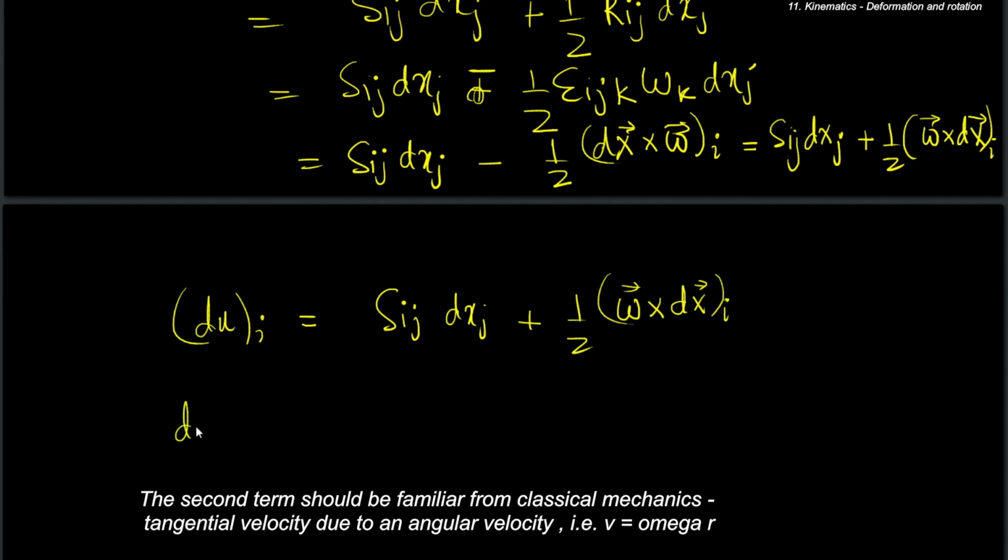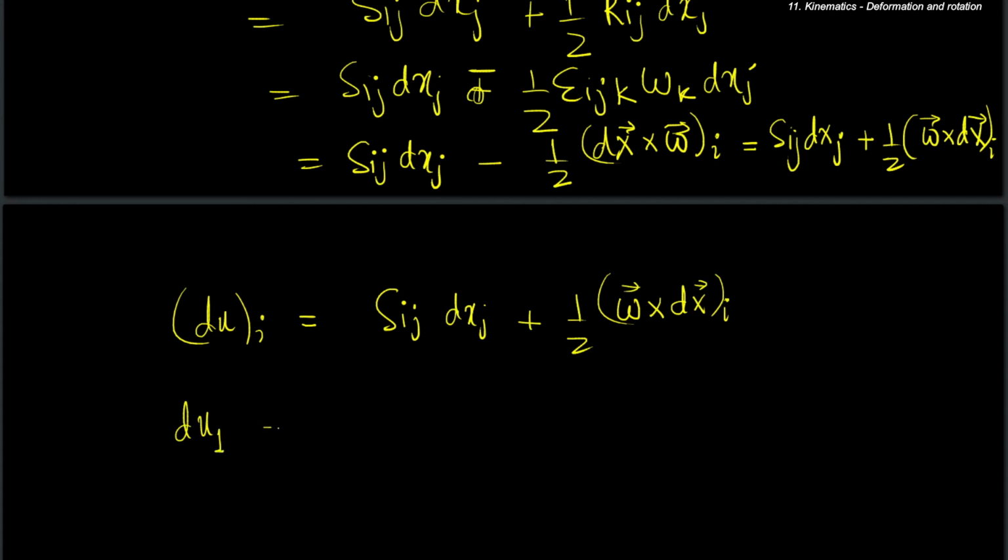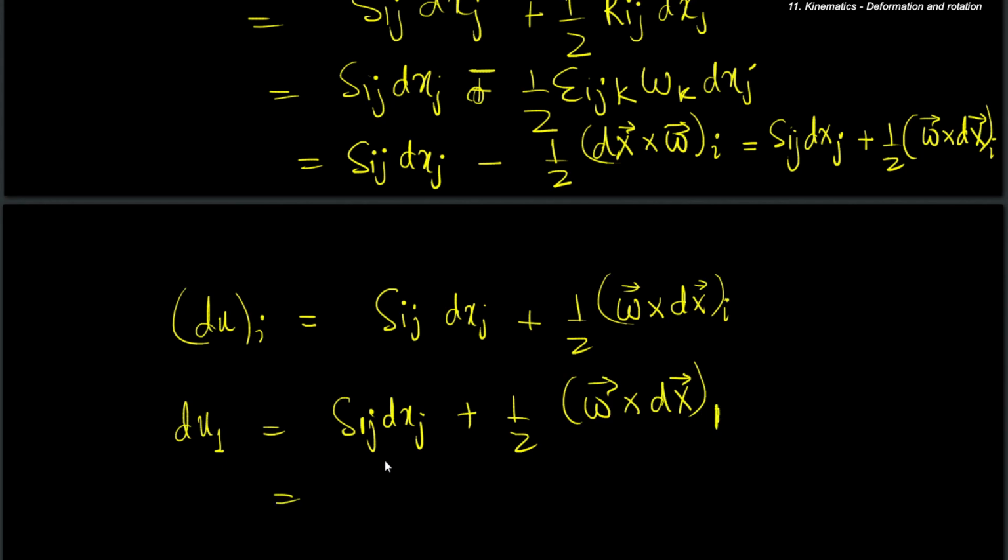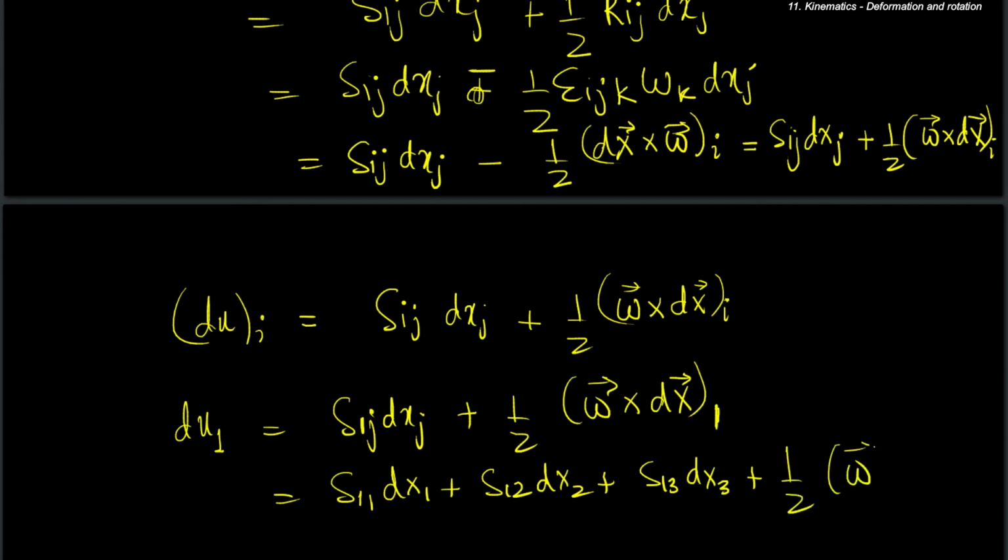So if I put du1, I just put S1j dxj plus half omega cross dx, this vector's first component, and this by Einstein summation notation will be S11 dx1 plus S12 dx2 plus S13 dx3, and this will be half omega cross dx vector, its first component.